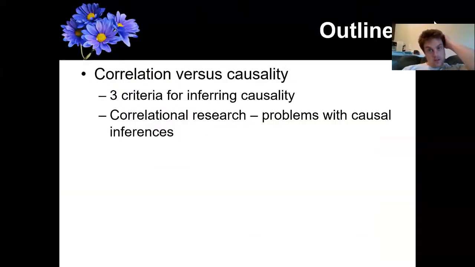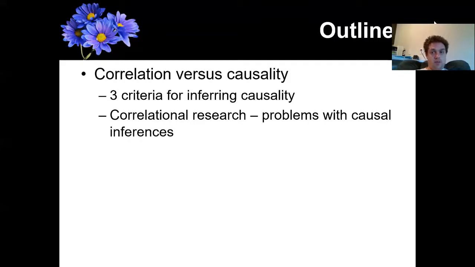Okay, so back to this issue of correlational studies. Let's hammer home the point as to why correlation does not equal causality. So there's three conditions that need to be met for you to infer causality, just logical considerations. And if one of these is not met, then you can't really say there's causality.